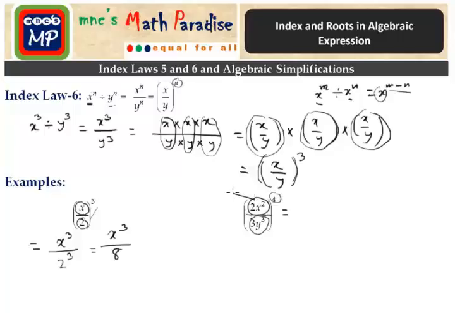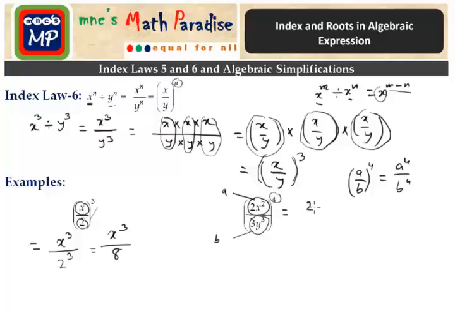If we consider this one as a and this one as b, then a divided by b to the power 4 gives a to the power 4 divided by b to the power 4 according to this formula. So here 2x squared is the numerator, 3y cubed is the denominator, and this power 4 is on top of this as well as on this.